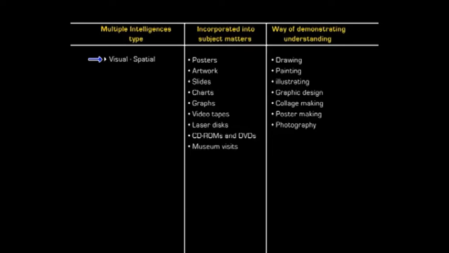Visual spatial: posters, artwork, slides, charts, graphs, videotapes, laser discs, CD-ROMs and DVDs, museum visits. Drawing, painting, illustrating, graphic design, collage making, poster making, photography.